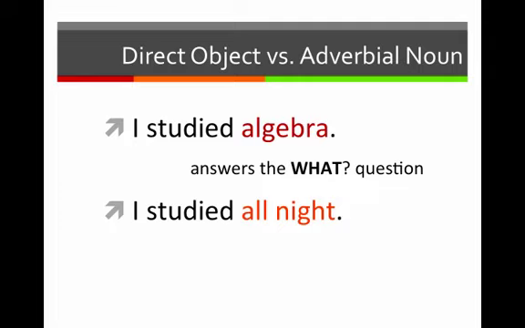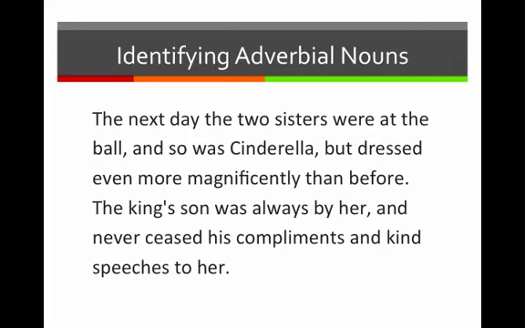Well, unless I'm studying the actual night, this is not a direct object. It's answering the when question, the how long question. This is an adverbial noun phrase. This is a pattern 4 sentence with an optional adverbial.